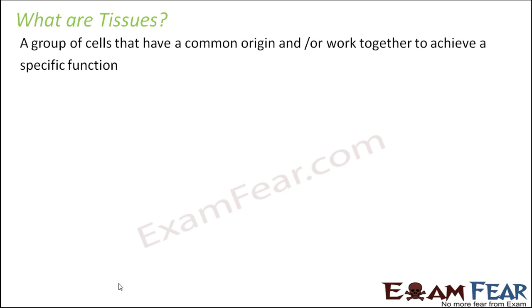Those 10 cells will group together to form one type of tissue. Again, suppose a group of 30 cells decides, okay, let us come together and perform another function. Those 30 cells will group together to form a second type of tissue. That is how the grouping of cells happens, so that each group of cells, that is each tissue, should have one common function. They have a common goal.